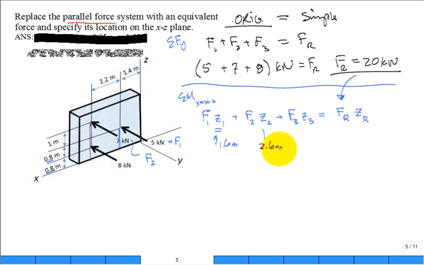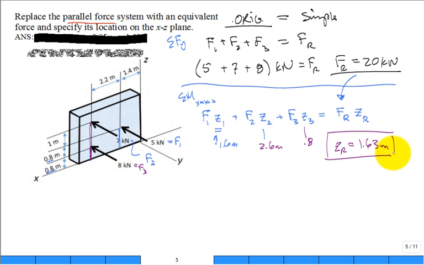Right? Okay. And then F3 is up a Z of 0.8. And then you solve for Z sub r out of this equation, 1.63 meter.